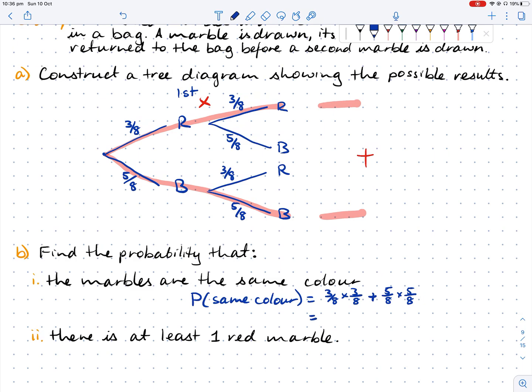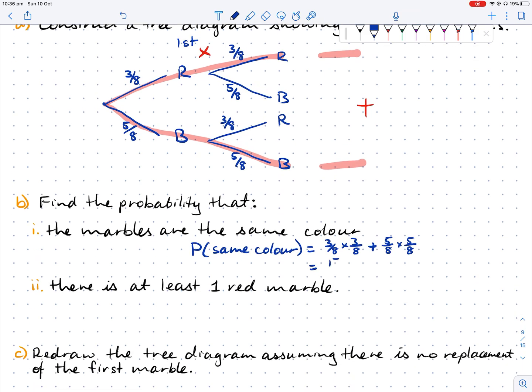And what we need to do is work that out, and that's going to be 17 over 32. So just put it in your calculator to work it out. So the probability that we're going to get 2 marbles that are exactly the same color is 17 out of 32.